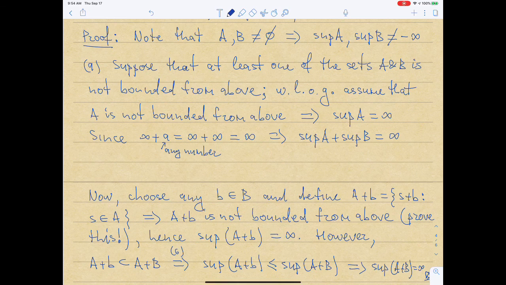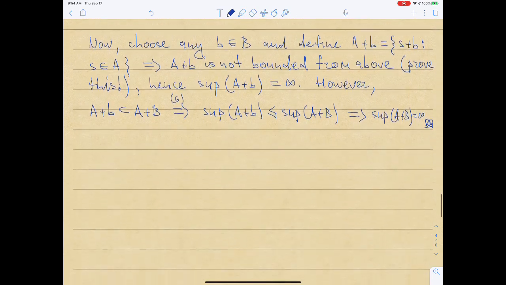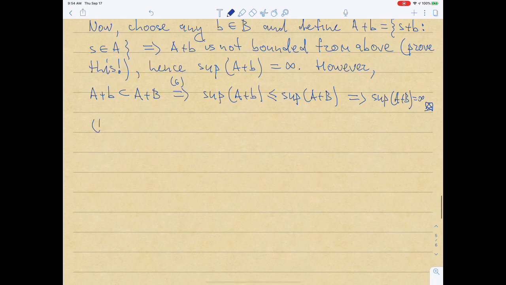Okay, so then if neither of the sets is unbounded from above, the second possibility, which I'm going to list as B, is: now suppose that both A and B are bounded.